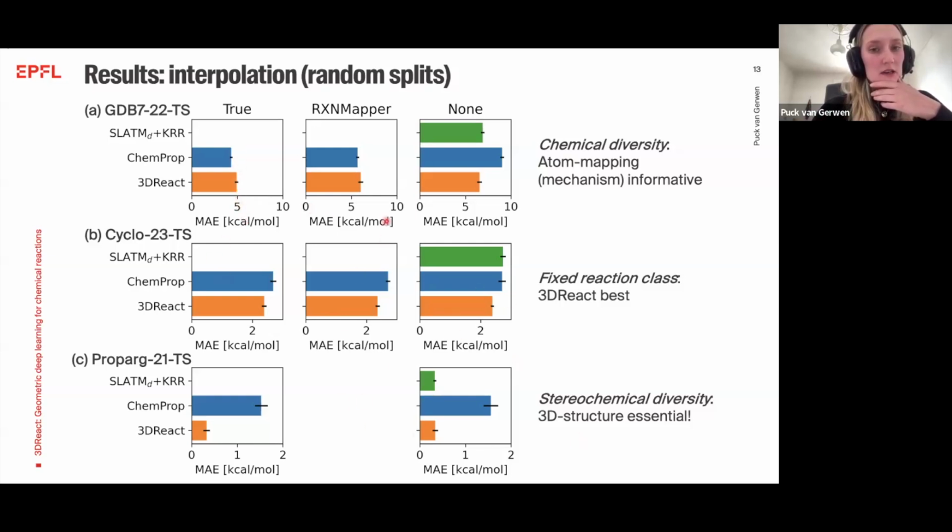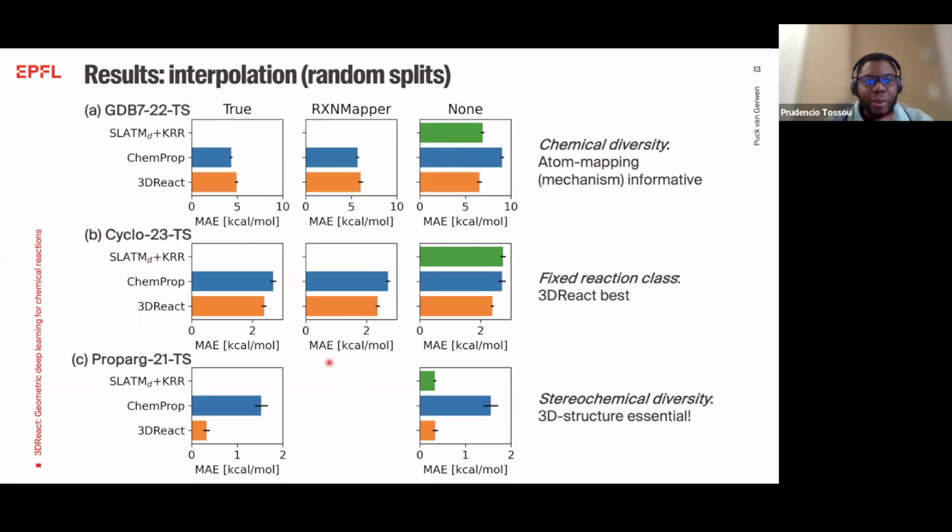So all of these are fine. These ones are starting to become a little bit higher than what you would like. So this data set is very challenging, basically because of the huge range in the target value that is present in the data set. So these are much narrower, so it's kind of easier. But yeah, so I would say 4 or 5 is fine. So in this case, with the reaction mapper maps, it's fine, and all of these are fine.